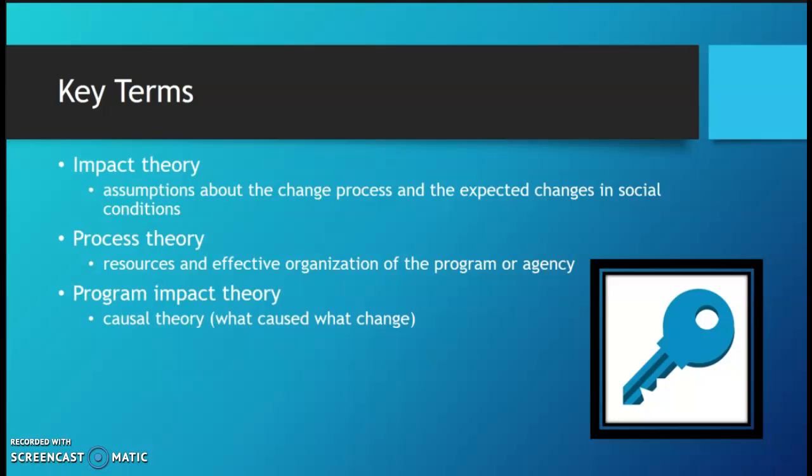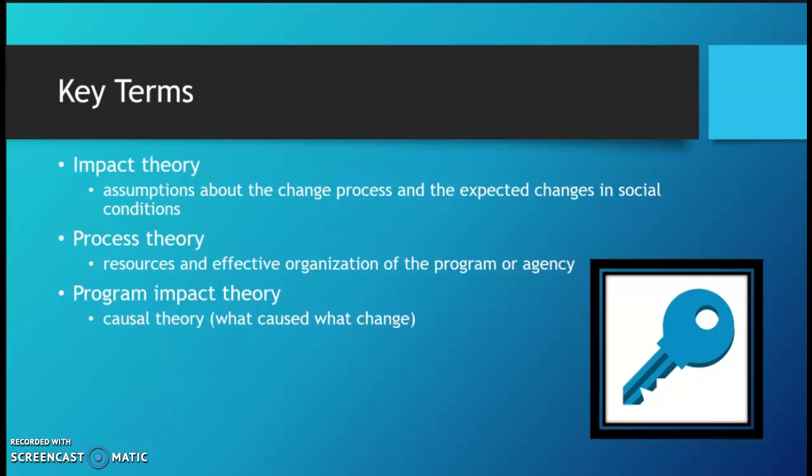But impact theory is: what are the assumptions we have about the change process? The process theory is our resources, kind of that first row of a logic model. What are all of the things that we need to do our job? How do we organize it? Are we responsible to a board? Are we responsible to financial stakeholders?